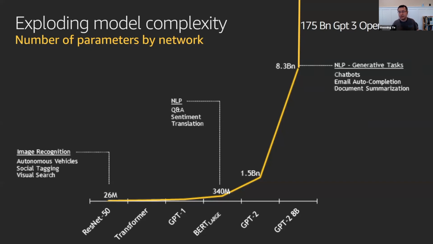Microsoft also has another one called the Turing NLG, which has 17 billion parameters. And of course, there's the most talked about model, the OpenAI GPT-3 model, which I actually personally tried. It was quite interesting, what it can do. But of course, as these models get bigger, the ability to deploy them becomes even harder.